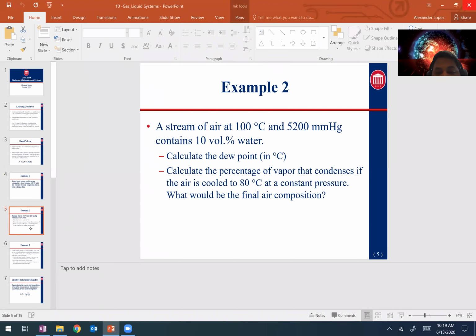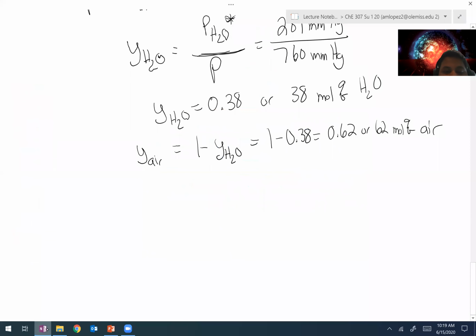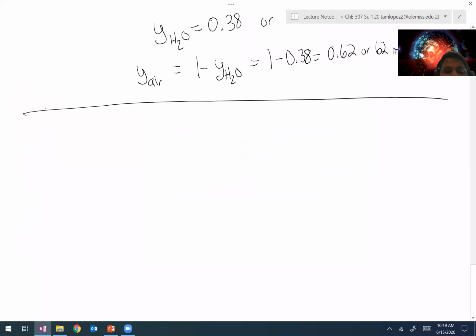Let's look at one other example. So let's say a stream of air at 100 degrees C and 5,200 millimeters of mercury contains 10 volume percent water. So we're looking at this example next.